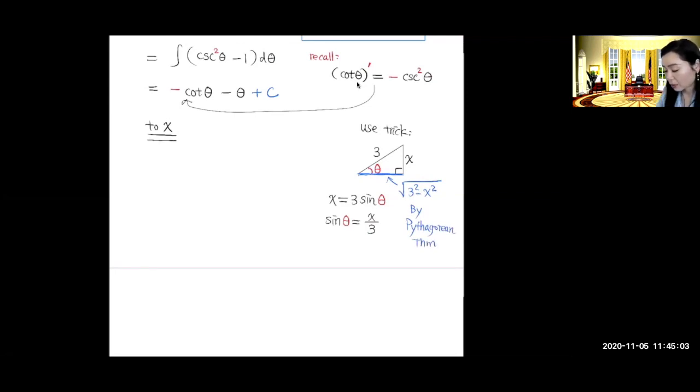Now once you get this right triangle here, you're able to deal with all of this over here. So this is theta.